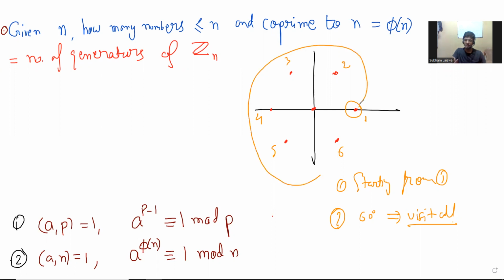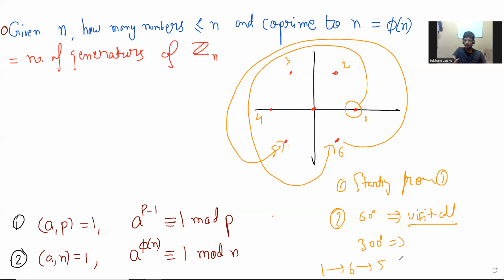You come to 6. Good. And again, you come to 5, and then you go to 4. So it's happening in the reverse way, like minus 60 degrees, and then 3, and then 2, and then 1 again. So 60 degrees and 300 degrees work.